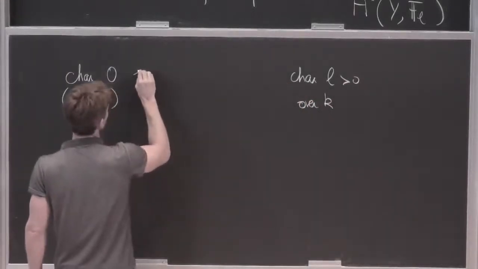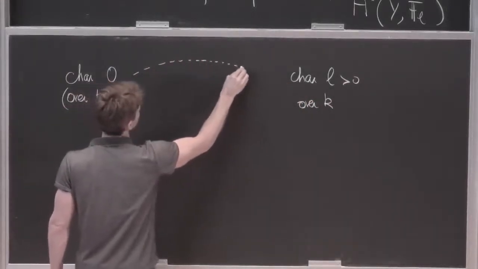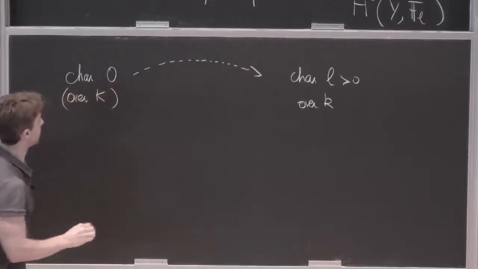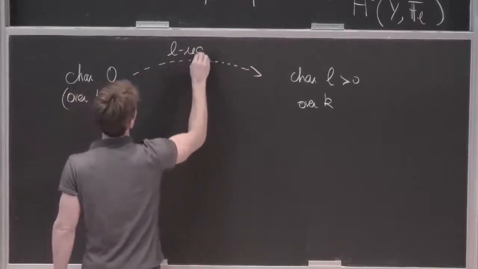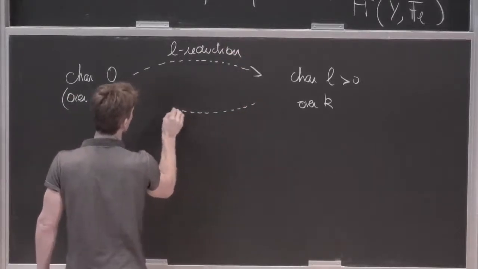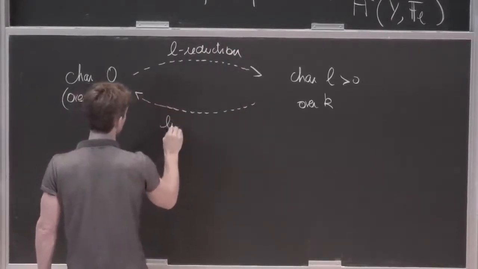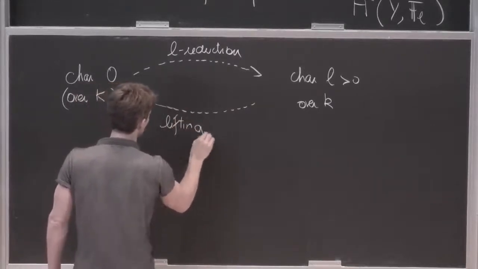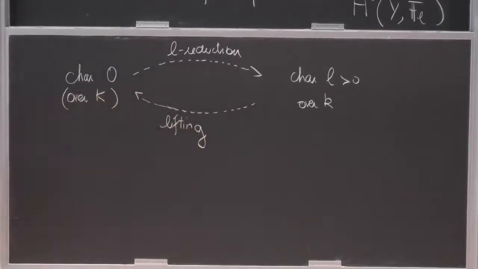Okay, so you want a way to reduce mod l a representation, or you want a way to lift it to characteristic 0 when you have something in characteristic l.